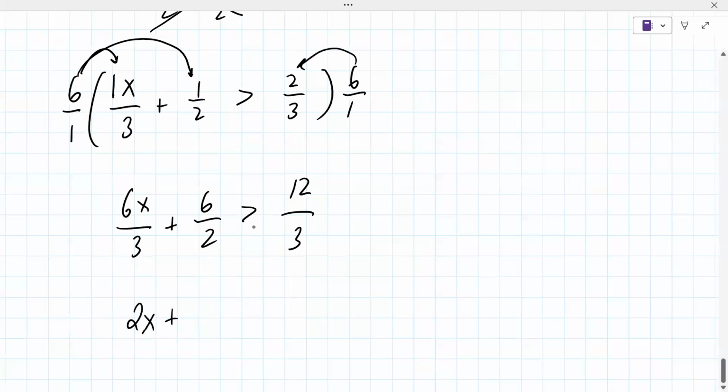So now we divide. This is 2x plus 3 greater than 4. What should happen is that you should only have whole numbers when you're done here. Wait, you're only supposed to get whole numbers?